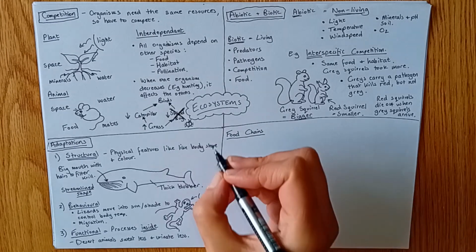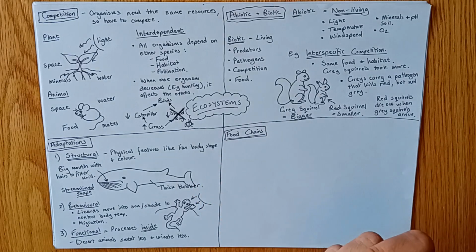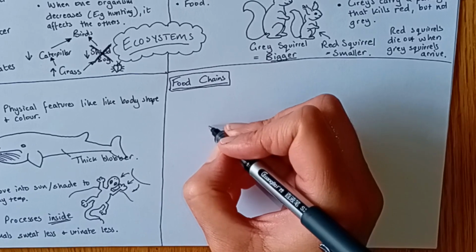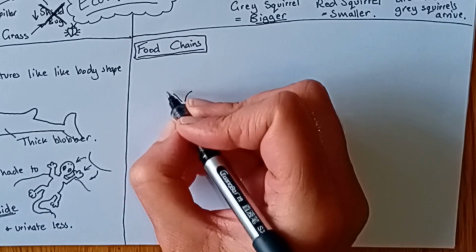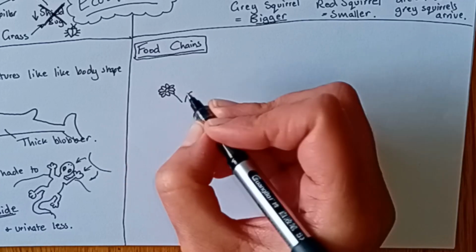Last one then, nice easy food chains. We've been doing about this since primary. Let's quickly draw one out then. I'm going to start off with my plant. I'm going to draw some daisies.